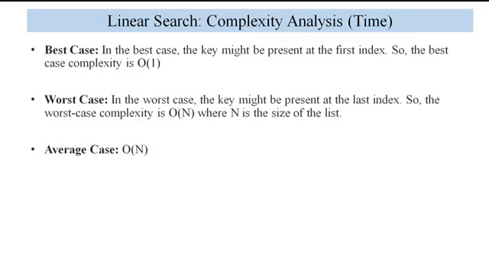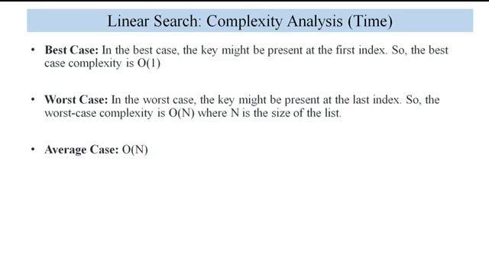The worst case is when we complete the searching through the entire list and find that the element to be searched is present at the last location. That gives us the worst case time complexity, represented by order of n, where n is the number of elements.